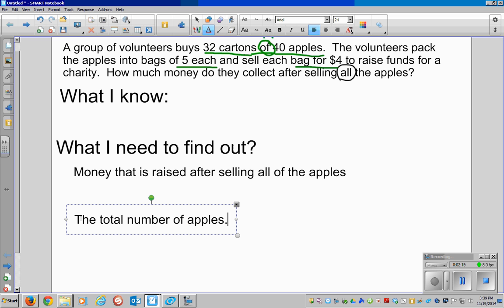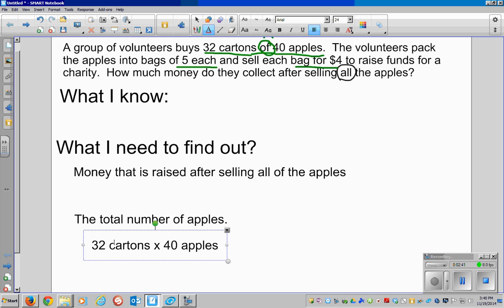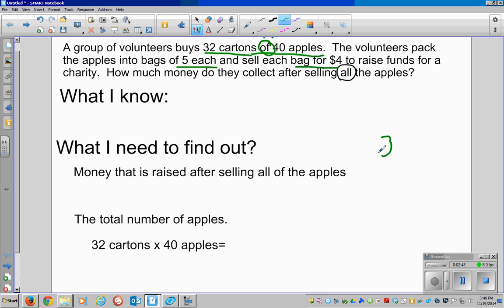I need to do that first, because if I do that first, then I can start to work with some money. So I know that I had 32 cartons, and I said there were 40 of those, right? So I need to multiply this by 40 apples. If I do the math, 32 times 40, let's see what that gives me.